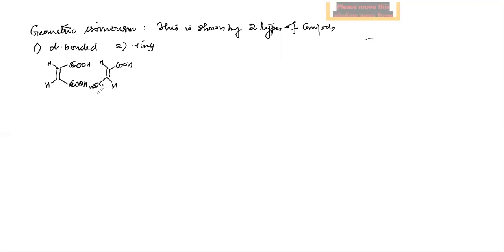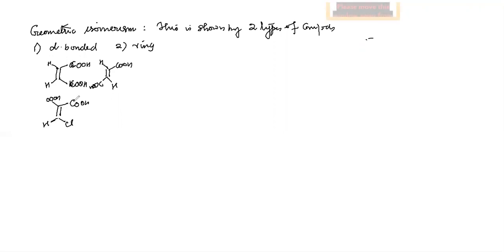So this type of compound in which you have different groups directed in different directions across a double bond. And remember, this molecule will not show geometric isomerism if the carboxylic acids are on the same carbon. If two identical groups are on the same carbon, there will be no geometric isomerism.